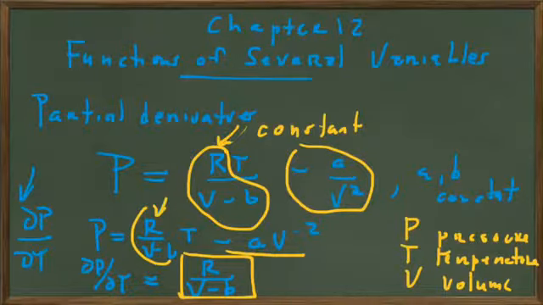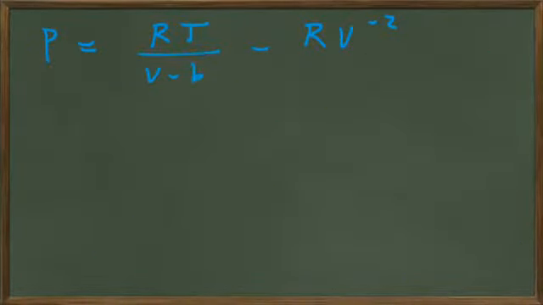Now on the next blackboard, let's take the partial of p with respect to v, which is a little bit more complicated. Here we have rewritten p in the p formula, and we're going to take the partial of p this time with respect to v. Well, v occurs in both of these terms, and it actually occurs in the denominator of both these terms, so we're not able to take any shortcuts and remove constants.